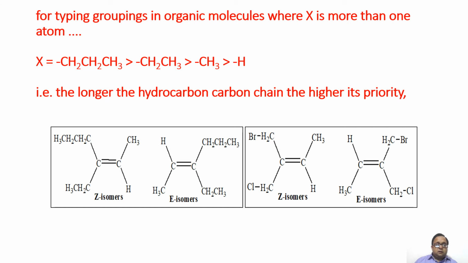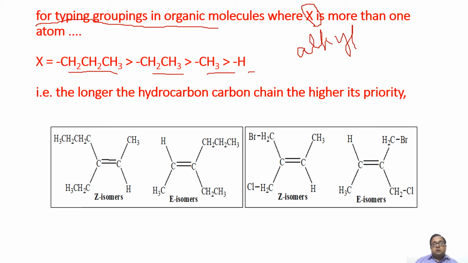In this slide, we can summarize all the discussion held till now. For organic molecules in which X is the substituent and X is nothing but simply the alkyl groups, if this type of situation arises, for example propyl, ethyl, methyl and hydrogen, we have to give the priority to propyl, followed by ethyl, followed by methyl, and followed by hydrogen.